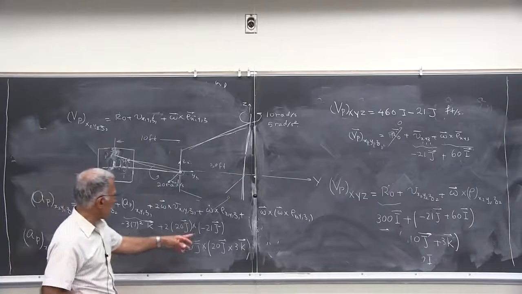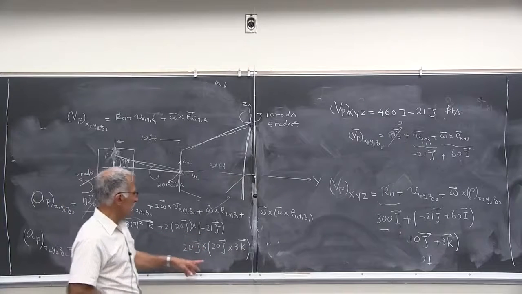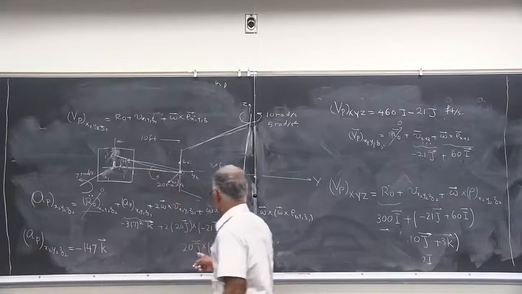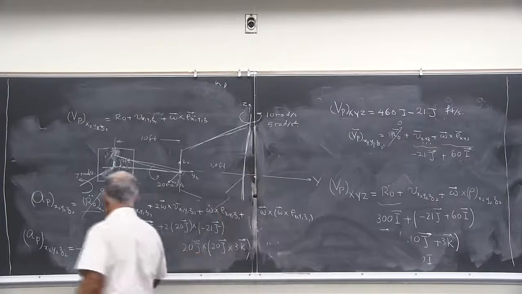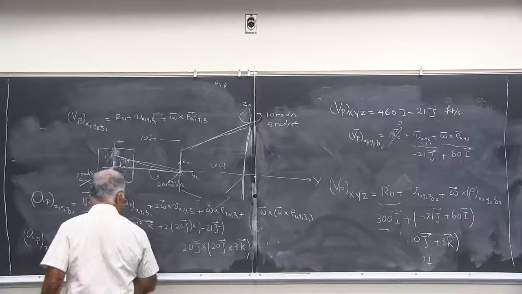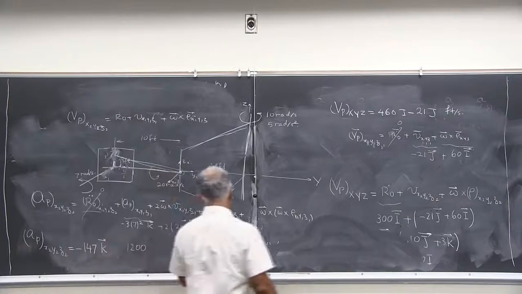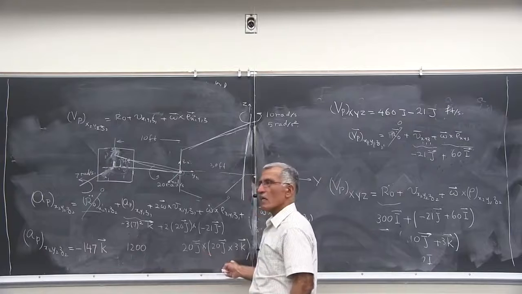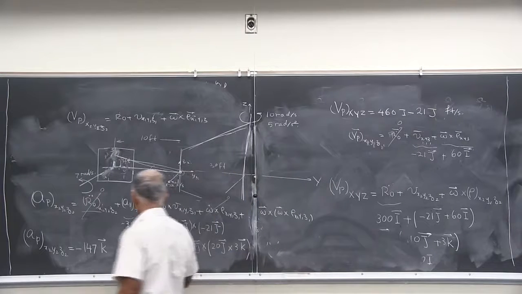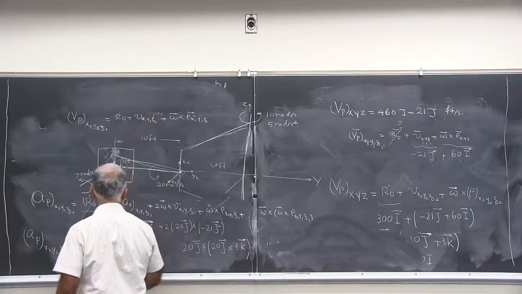J times j, forget about it, and then I have 400 times 3, that becomes 1200. J times k is equal to I, j times I is equal to negative k. So that's negative k.